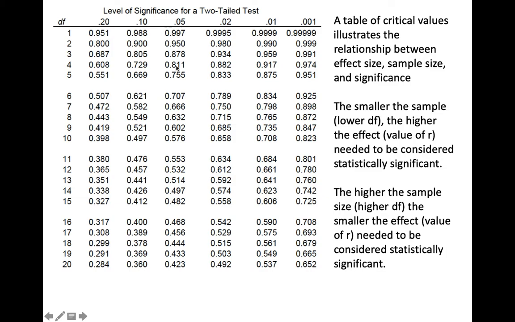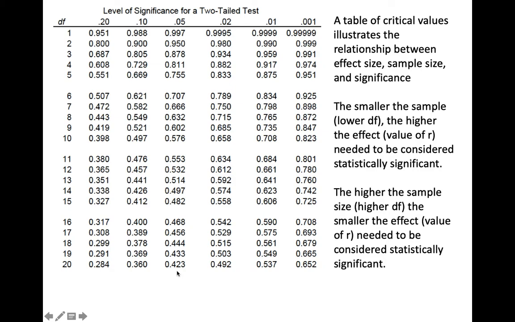However, the higher the sample size, the smaller the effect needs to be. So at our 0.05 level, let's go all the way down to our last row in the table. If we've got a sample that has 22 people in it, so degrees of freedom 20, we would only need a correlation of 0.423.